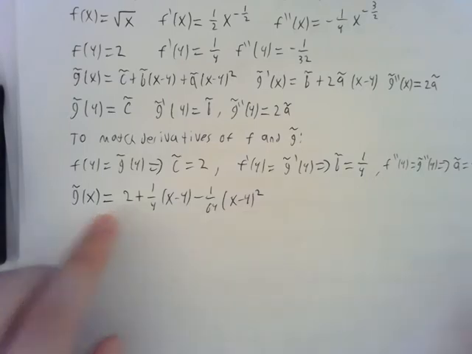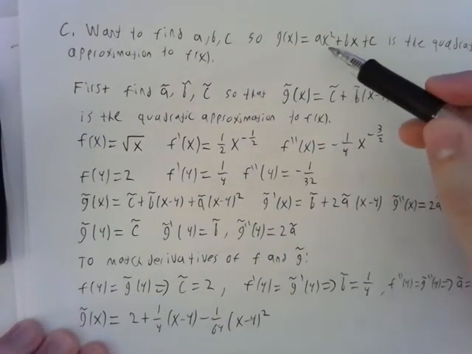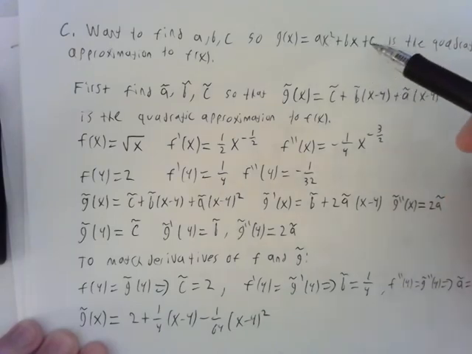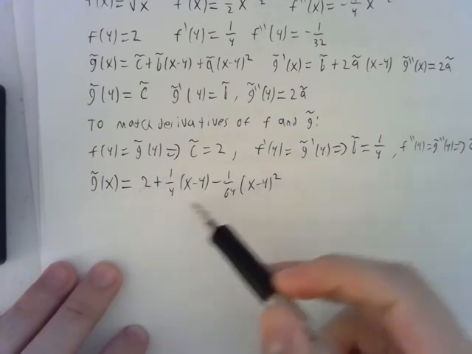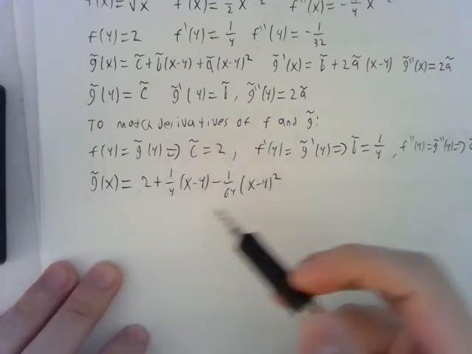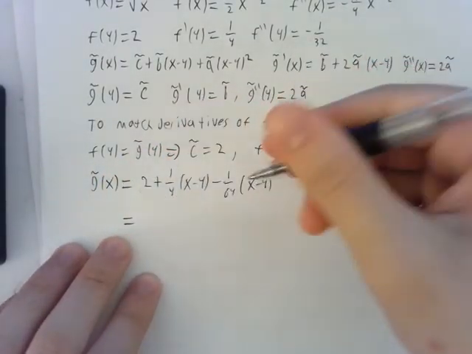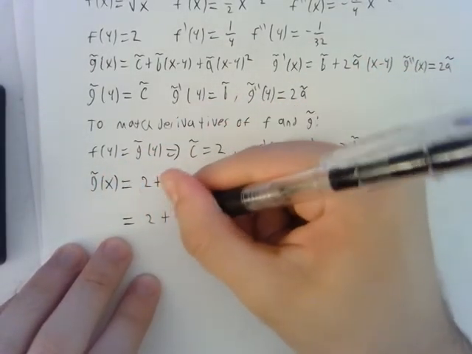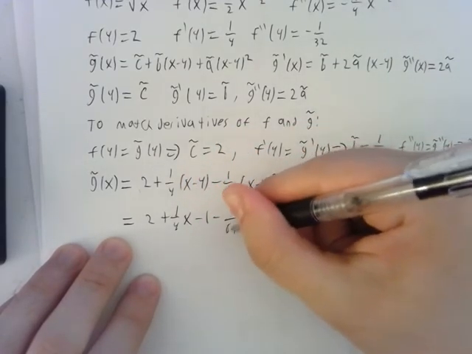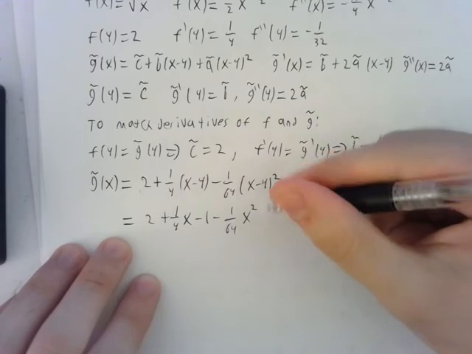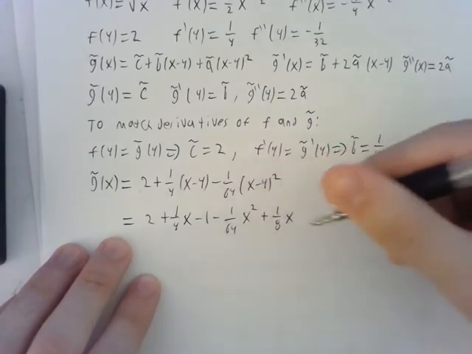So this was all to find this function g tilde. Now we want to find the original a, b, c in the function g of x. All we have to do to accomplish that is expand this polynomial and see how the coefficients match up. If we expand this, we'll get 2 plus 1/4 x minus 1, minus 1/64 x squared, plus, I believe, 1/8 x, then minus 1/4.